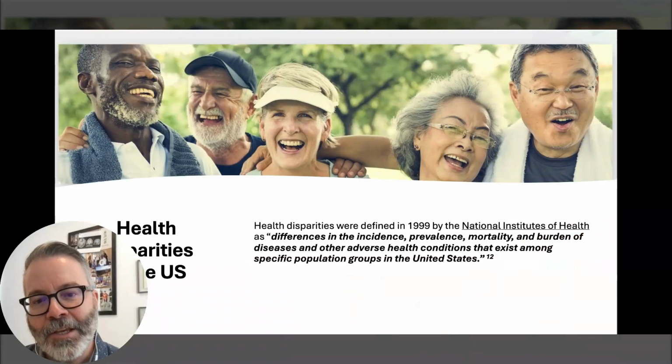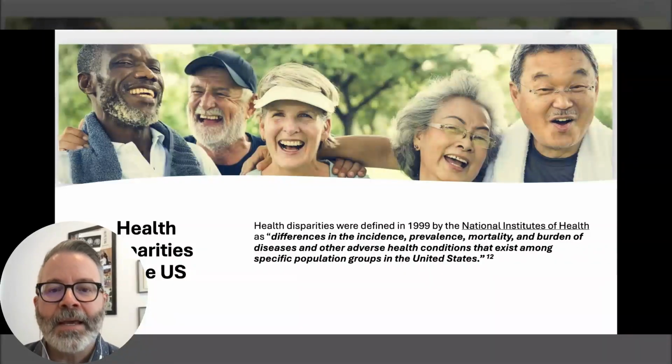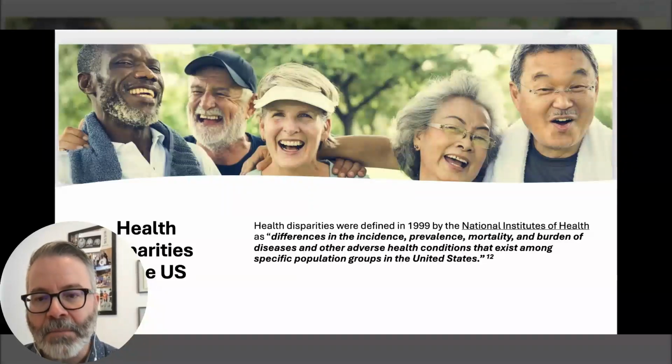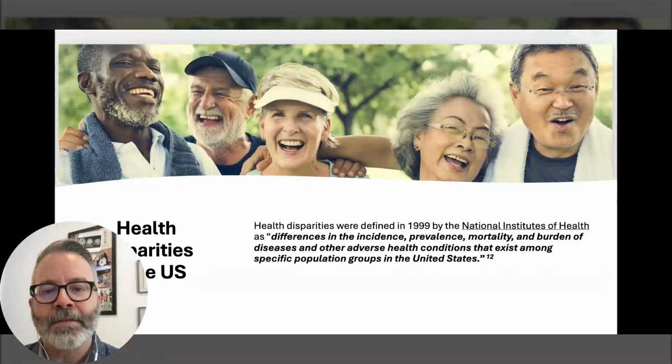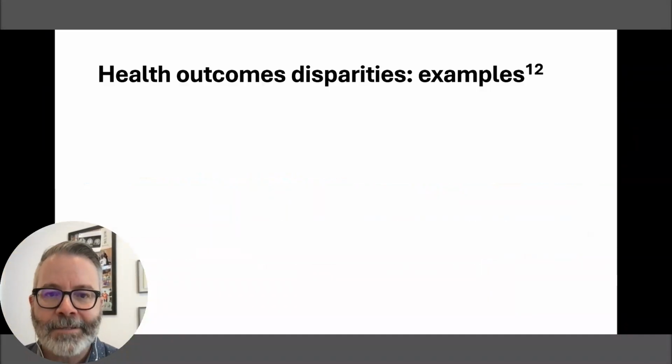Health disparities in the US were defined in 1999 by the NIH as the differences in the incidence, prevalence, mortality, and burden of diseases and other adverse health conditions that exist among specific population groups in the US.